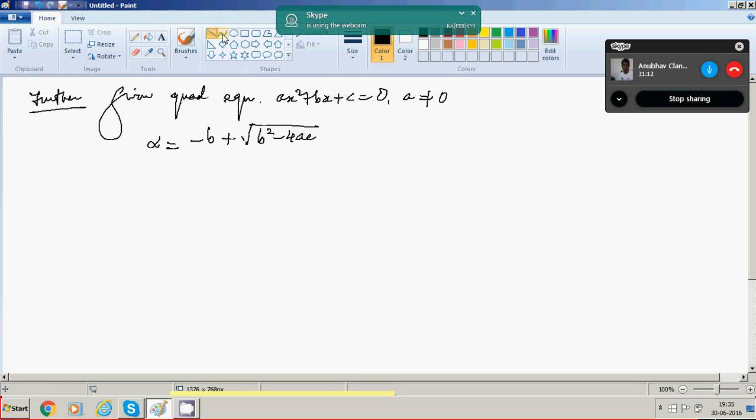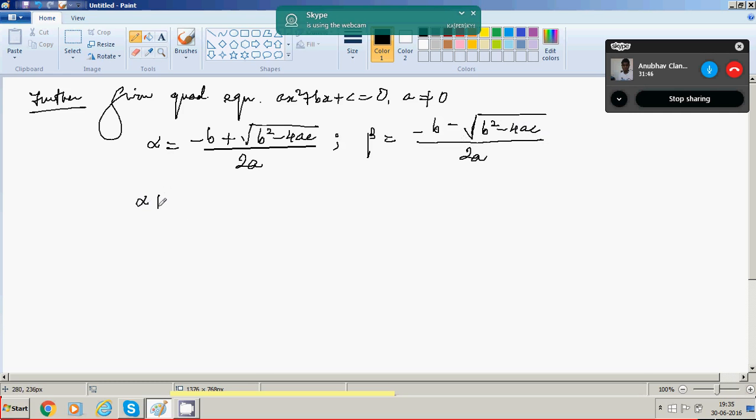Now note that alpha and beta is quite a generic universal notation for a quadratic equation. Any text that you see, whether it's American, Australian, British, they will call it alpha and beta. That is what I mean. It's a universal notation.